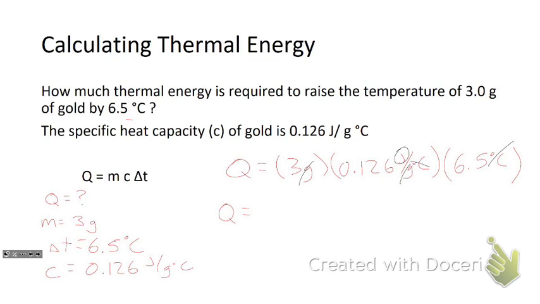So Q is equal to 3 times 0.126 times 6.5. So I have Q is equal to 2.457 joules. And we have 2 digits, 3 digits, and 2 digits. So if you want to answer this with significant digits, you would report your answer to 2 digits.